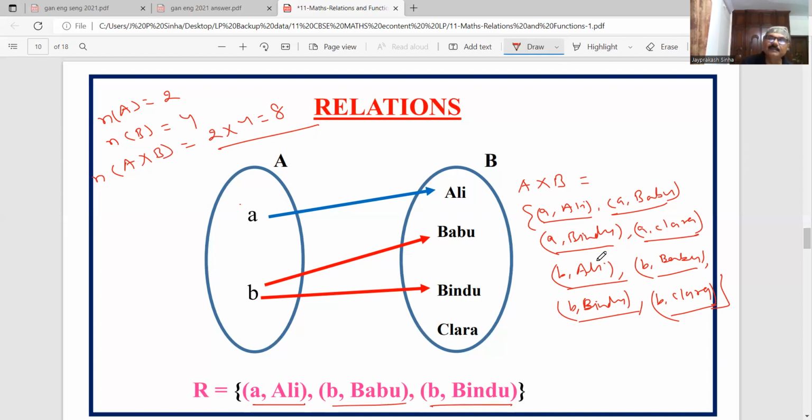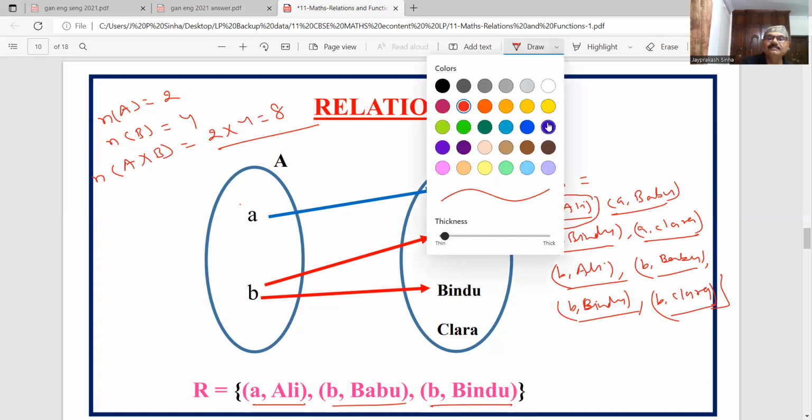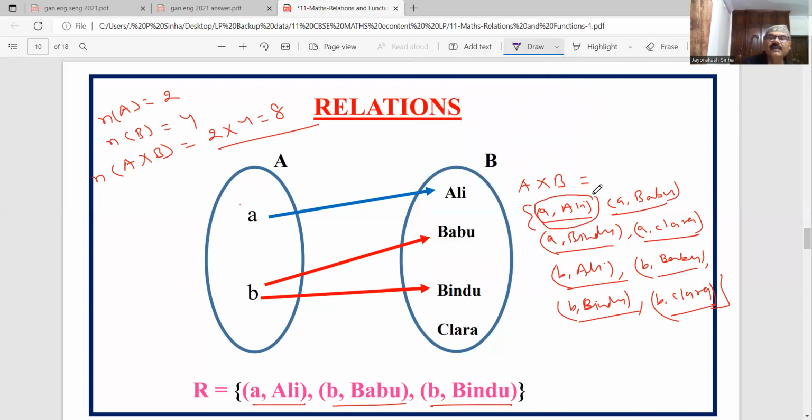And what we see here: A Ali is already a member of this. A Ali is already there. And B Babu is also there, B Babu and B Bindu. Means this relation is a part of this Cartesian product.